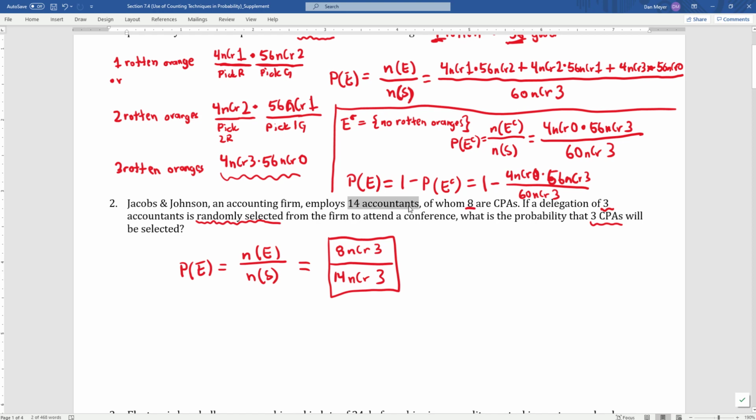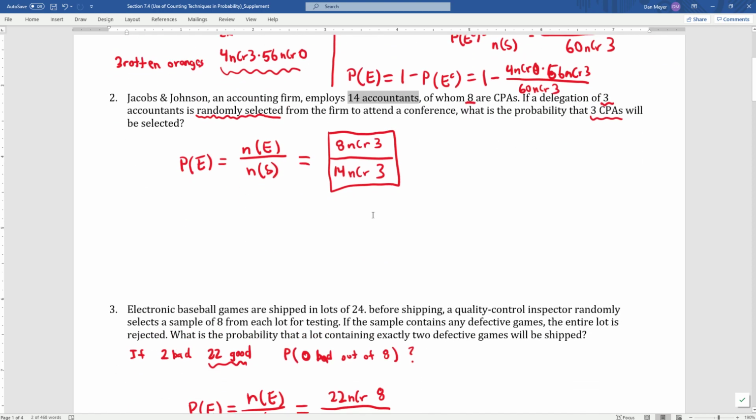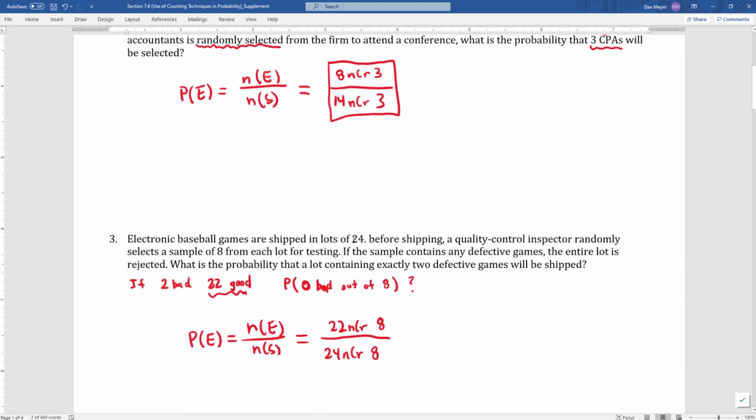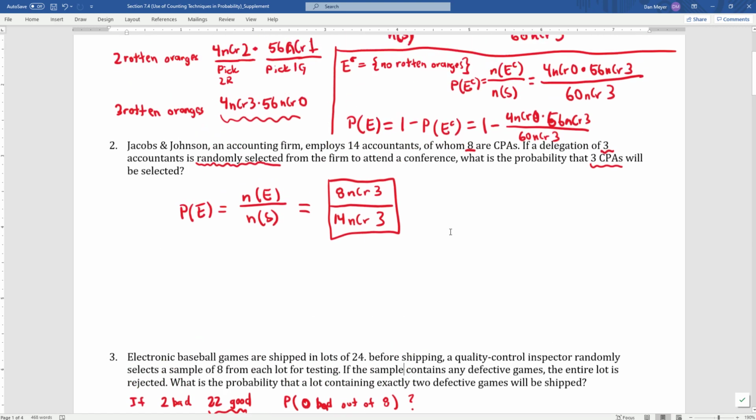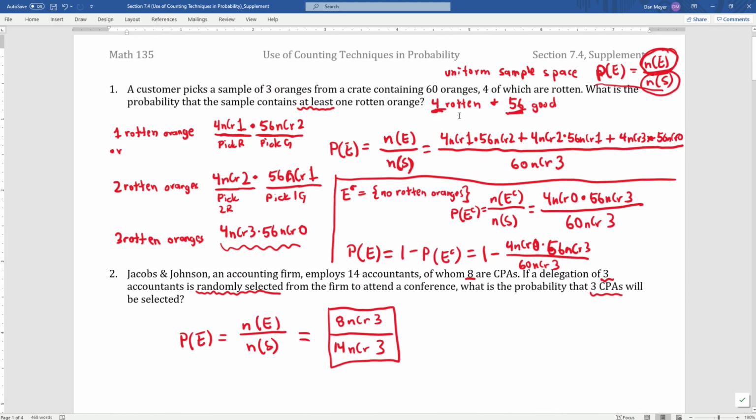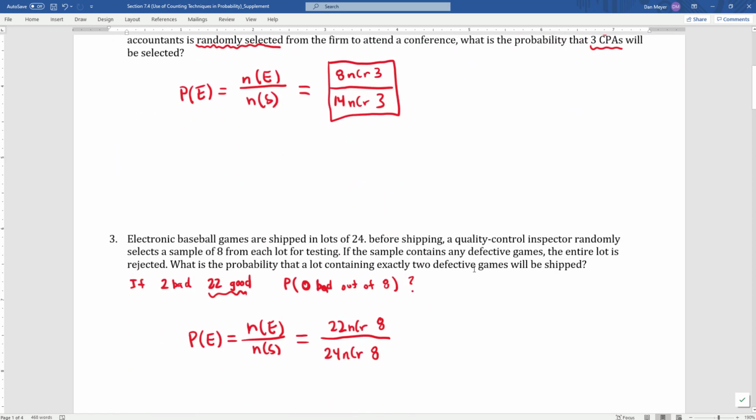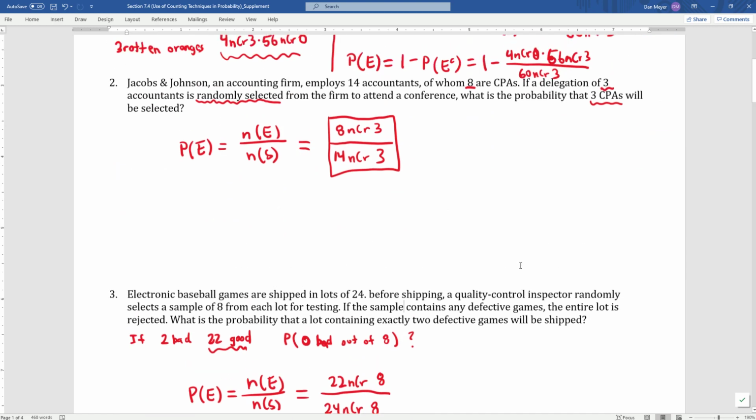That was our partition of that selection set. In number 3, we have a selection set of 24 games, and it was partitioned into 2 bad and 22 good. And then in each one of these cases, we were choosing things from the selection set without repetition. That's why they were combinations. So all 3 of these problems are combinations with a partition selection set.